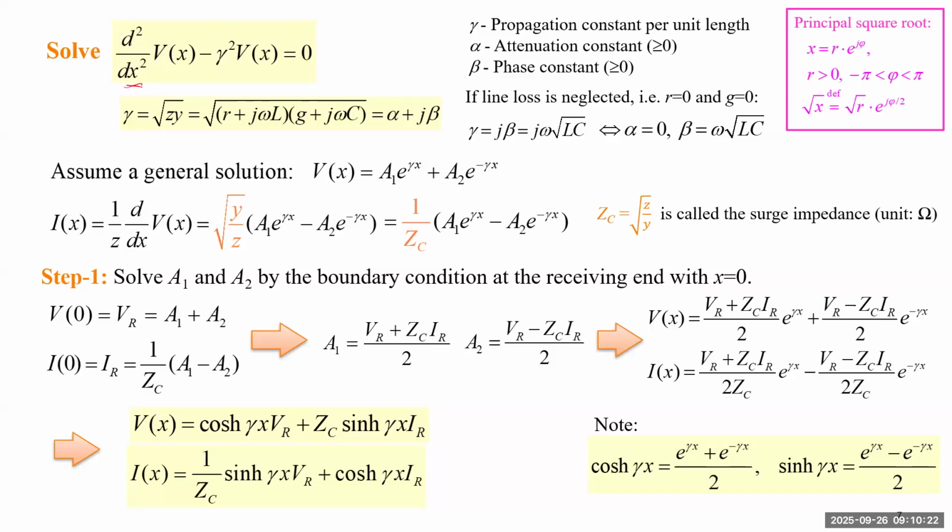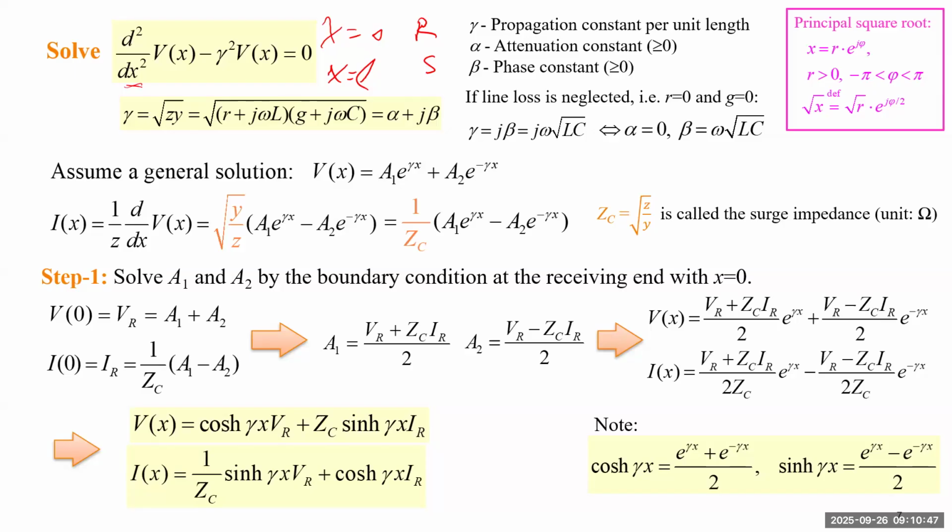So we'll have a second order linear differential equation to describe how the voltage can change from the receiving end to the sending end. So x equals 0 means the receiving end, and if x equals L, that will be the sending end. There's just a single parameter in this equation, which is gamma.